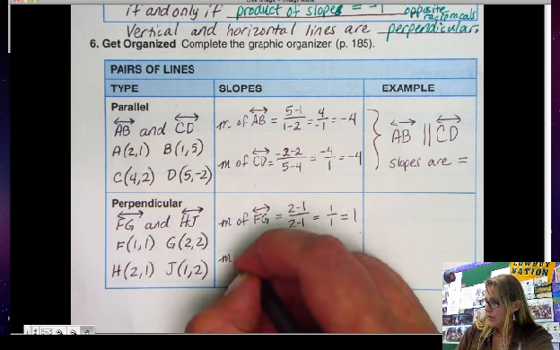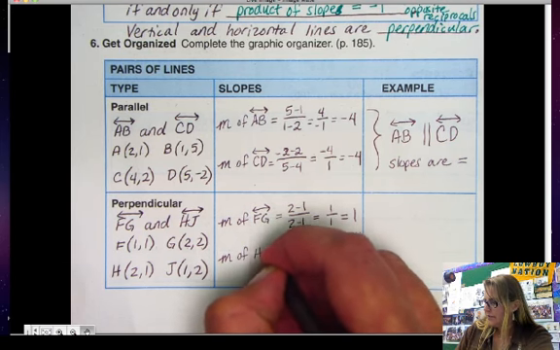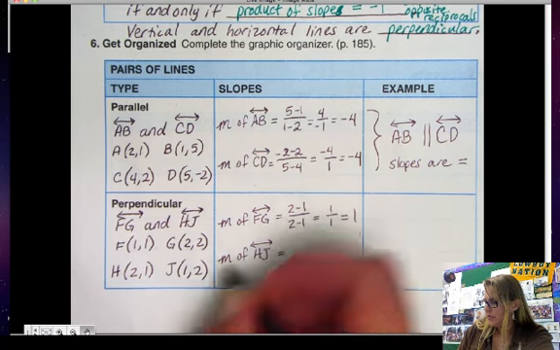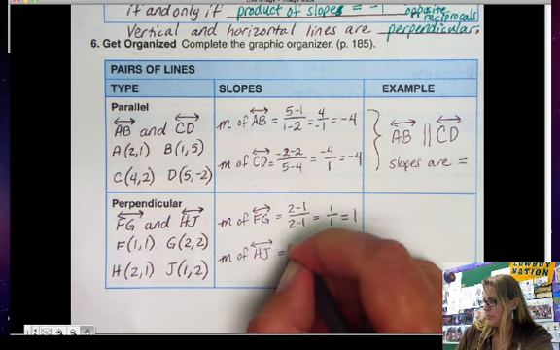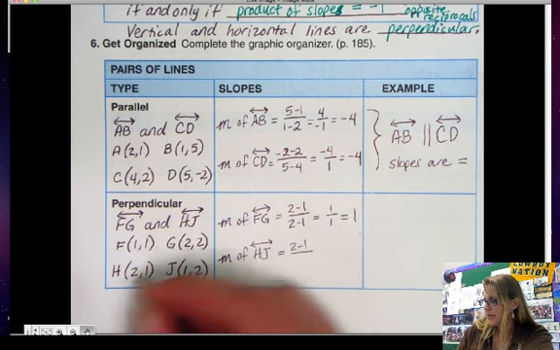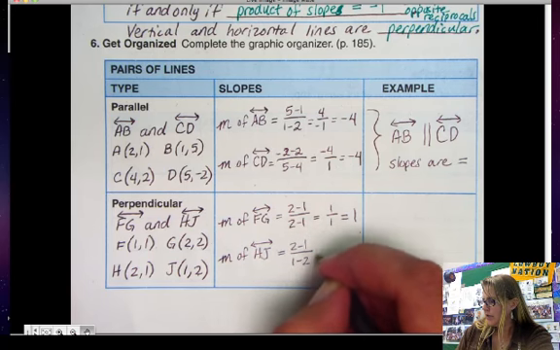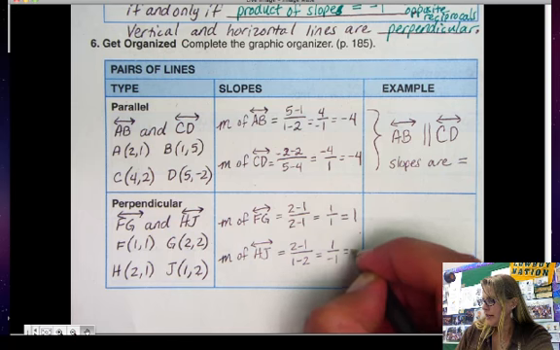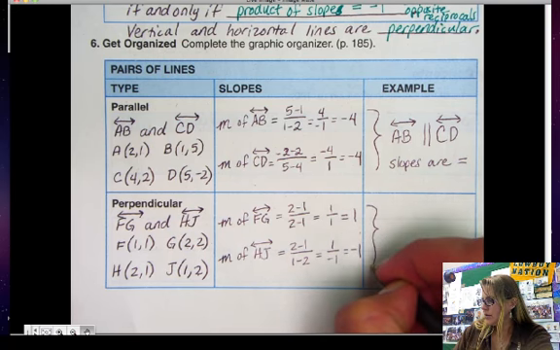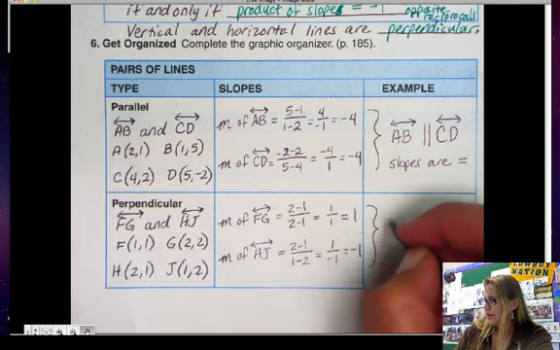So the slope M of HJ equals, subtract our y's, 2 minus 1, over subtract our x's, 1 minus 2, equals 1 over negative 1, which is negative 1.